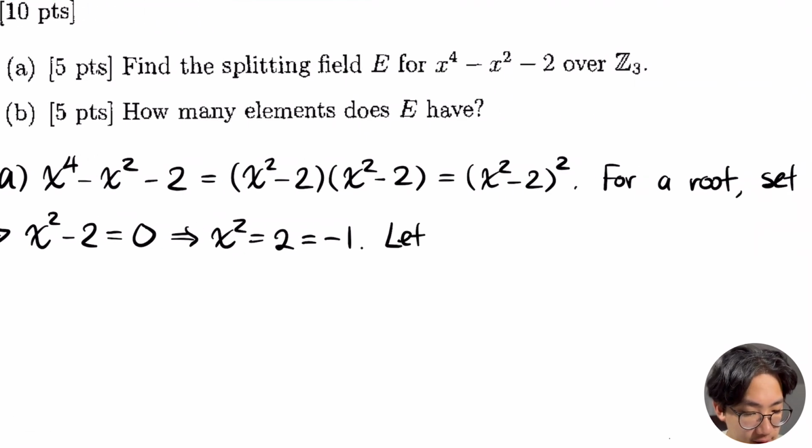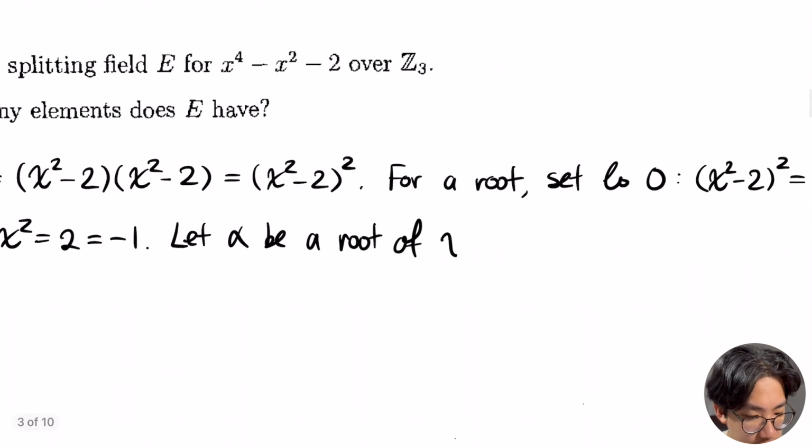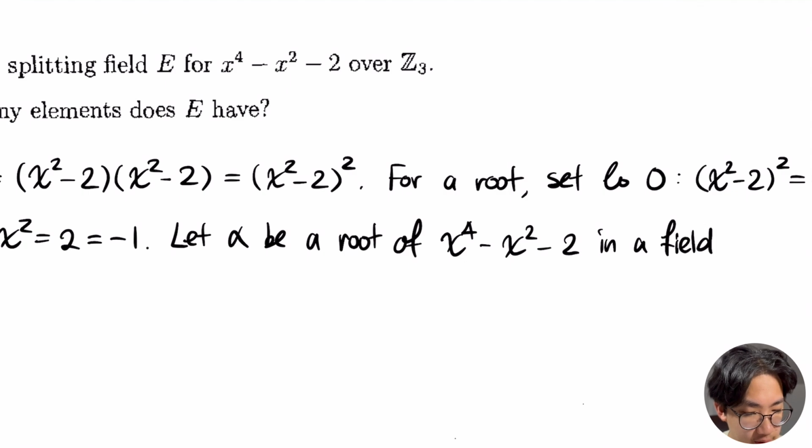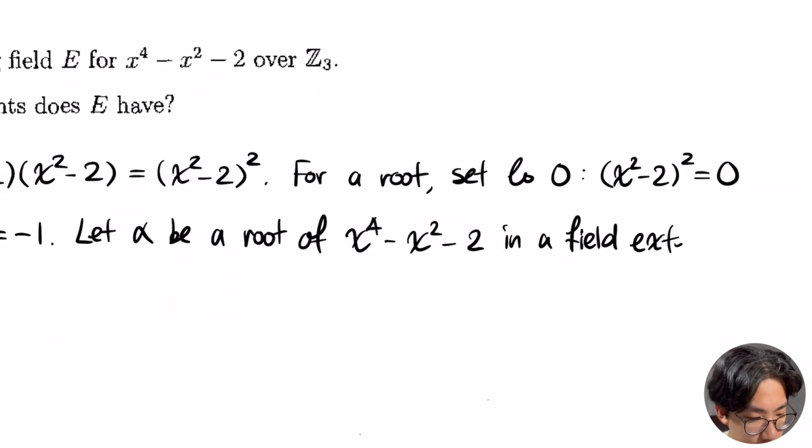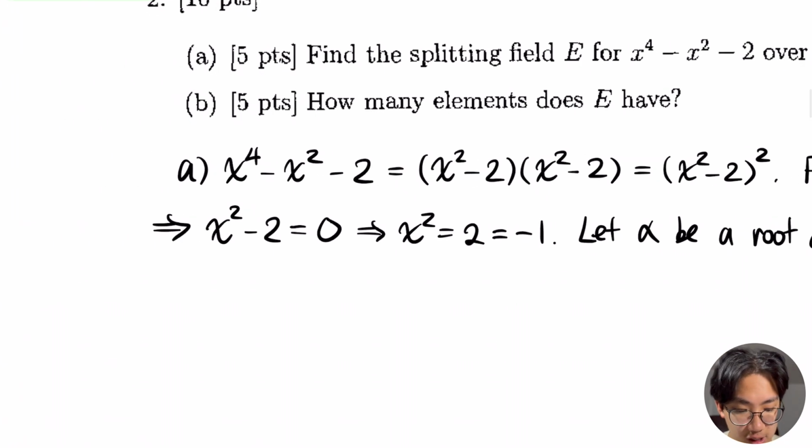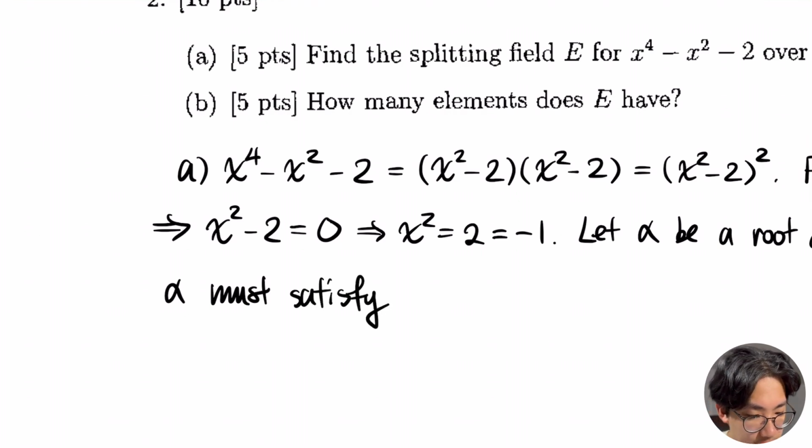So now we can just let alpha be a root of x to the 4 minus x squared minus 2. And this is actually in a field, so in a field extension E. From the brief bit of factoring work we just did, we can see that any root alpha must satisfy these equations, but more easily we can phrase it over here.